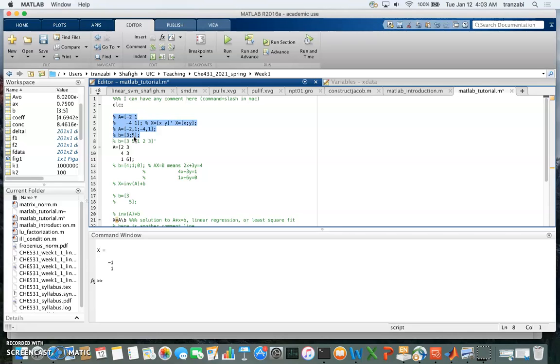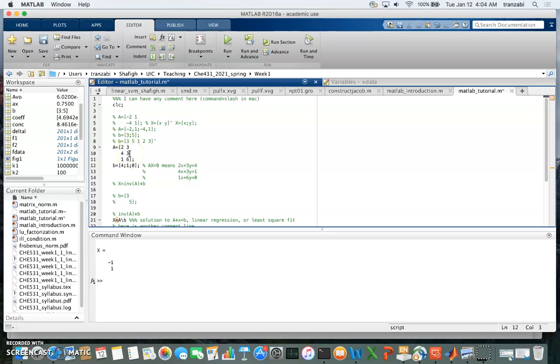In Windows, I think it's Control R for commenting and Control T for uncommenting. So that's the shortcut. Okay, so here's my A, here's my B. Now I know that I have 3 equations and 2 unknowns.